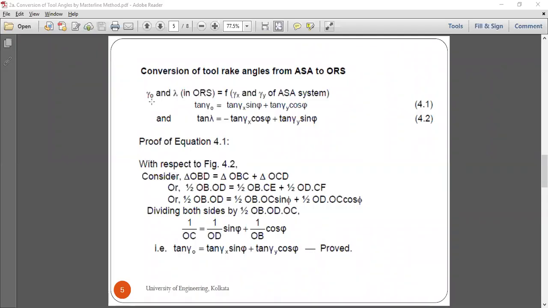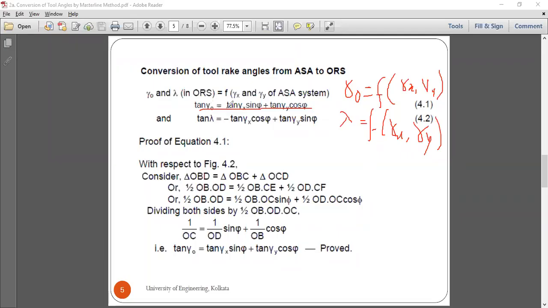We have two values here, gamma naught and lambda in ORS, that are a function of gamma x and gamma y in the ASA system. We have already done this using the slope method previously. So gamma naught is a function of gamma x and gamma y. Similarly, lambda is a function of gamma x and gamma y, right? So here we have two equations.